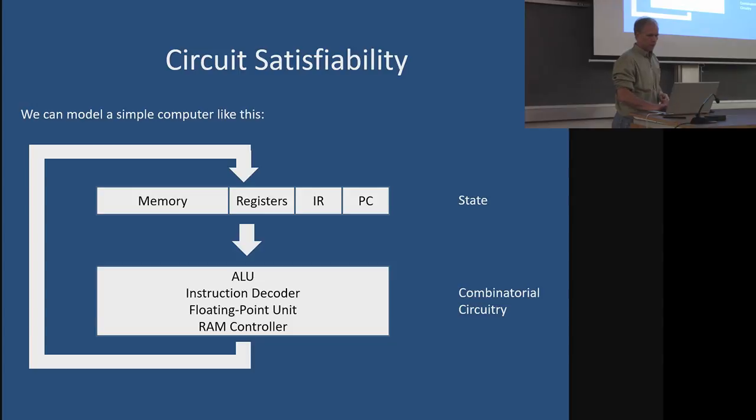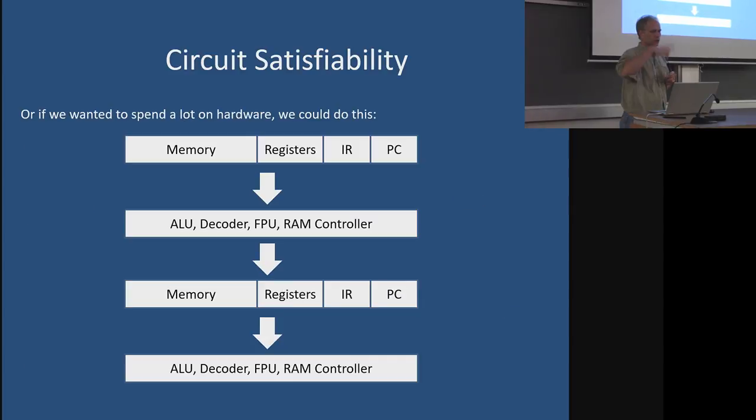The memory has some values in it, and every clock cycle, the stuff filters from the state through this circuit, and then something is stored back into the state. Then another clock cycle: stuff comes out of the state, goes into the circuitry, and something gets stored back in the memory. And it just runs like that.